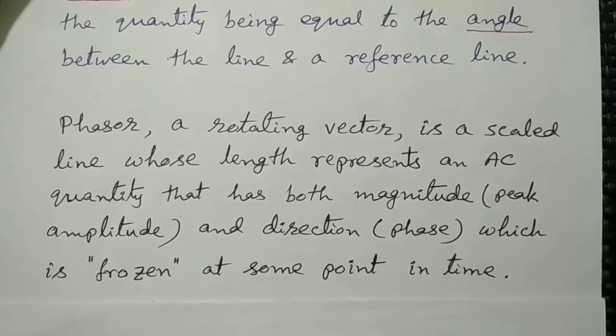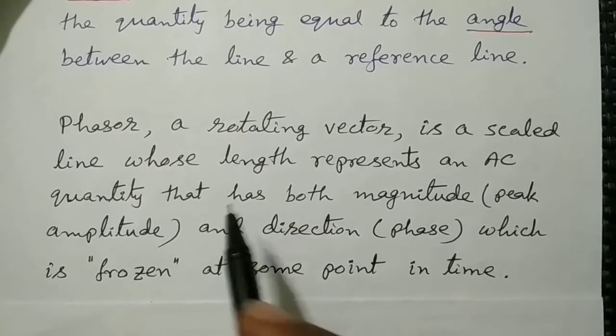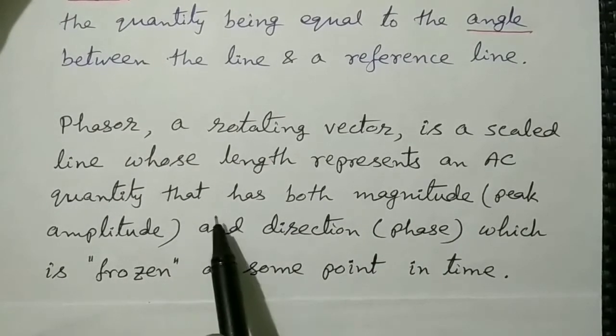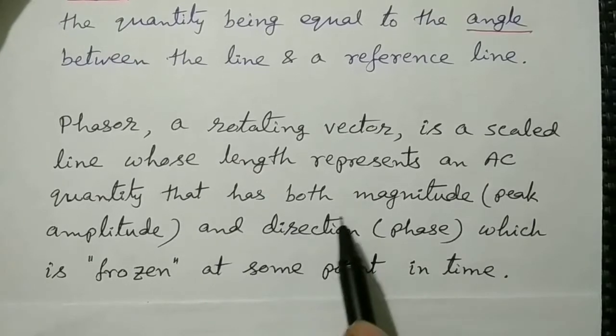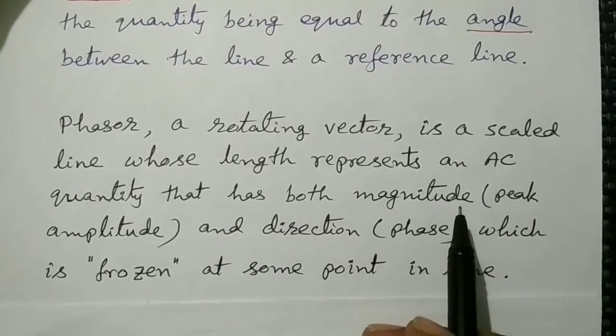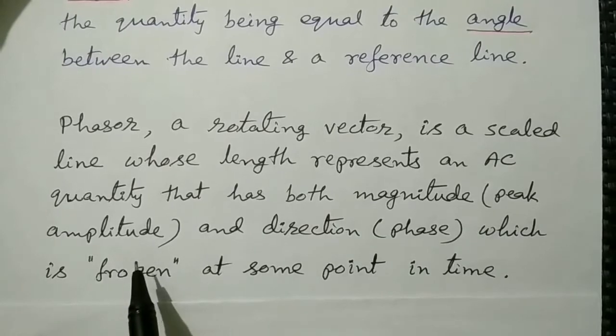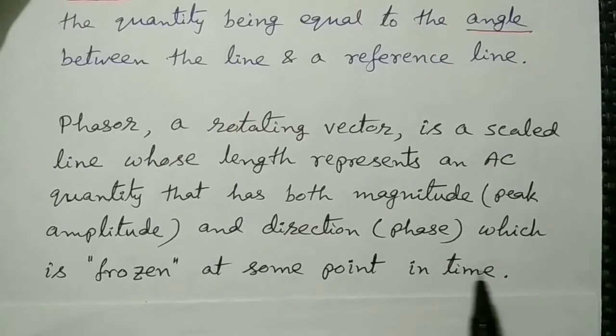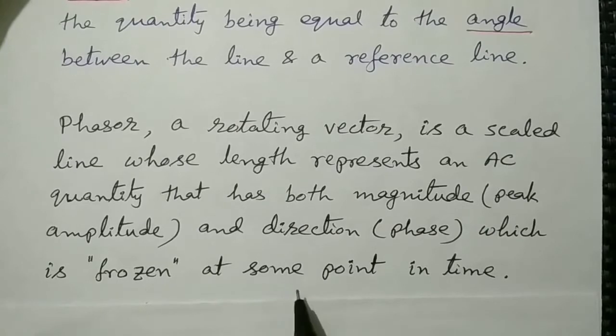It is a scaled line whose length represents an AC quantity, that is voltage or current, and that has both the magnitude, that is the peak amplitude, and the direction, that is the phase. It is represented in terms of angle in degree or radian, which is frozen at some point in time.